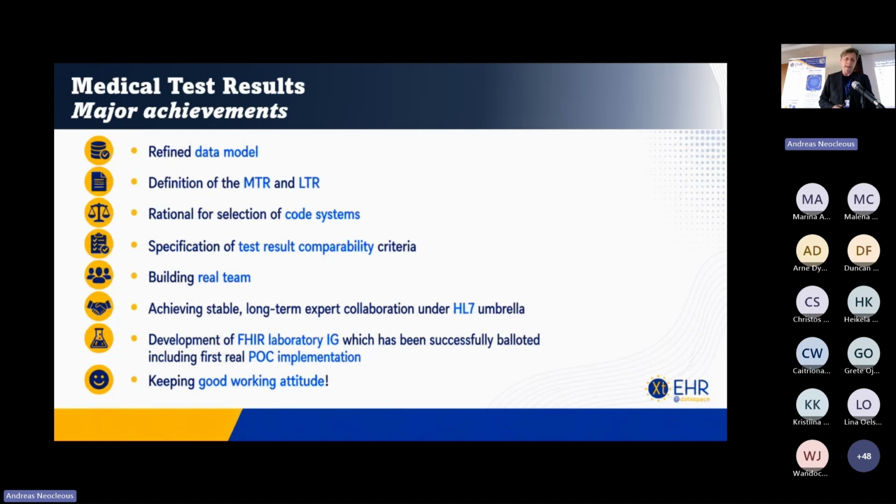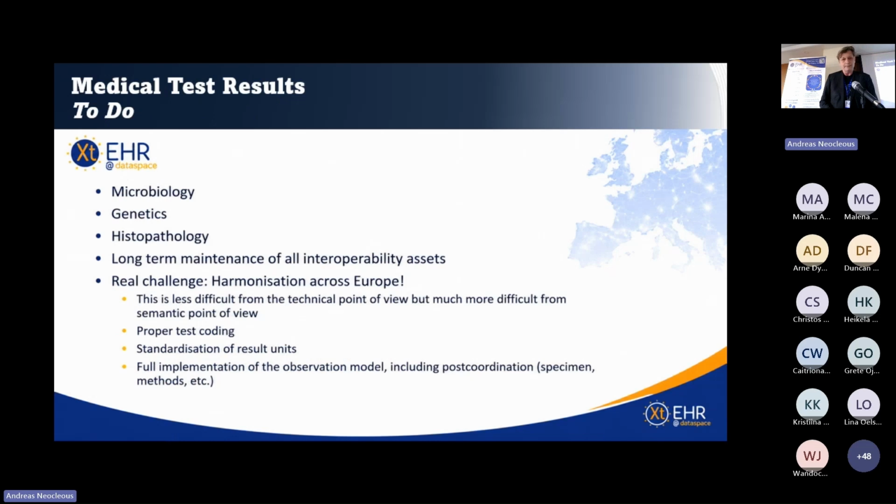We started with the Cross eHealth project and still are meeting because we feel that there is still a lot of things that need to be solved and the work needs to continue. And another major thing that I'm proud of, we kept a good working attitude throughout the whole run of this project, more than 2 years.